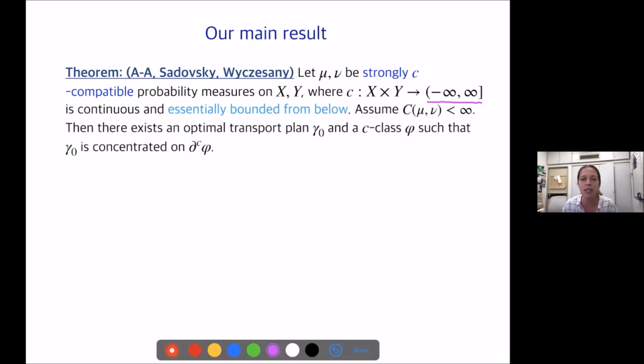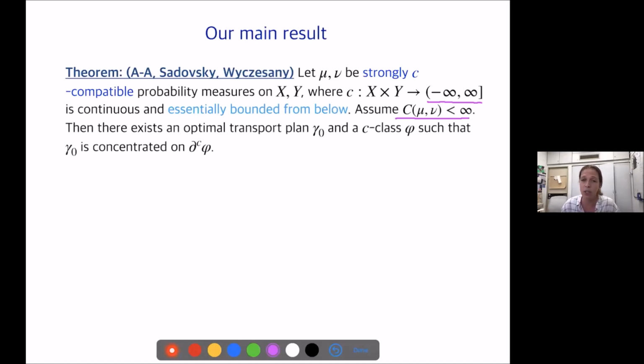For instance, if your cost is positive, that's fine, but also if the measures are compactly supported, then any continuous cost will be bounded from below. It says that there are two integrable functions such that their sum is below your cost. It's not an important point here, okay? So whenever you have two such measures and there exists some finite cost plan between them, this is the second condition, assume that the total cost is finite, then you can always find an optimal transport map.